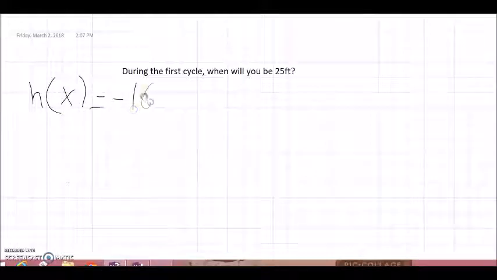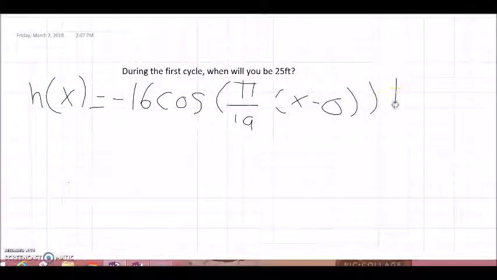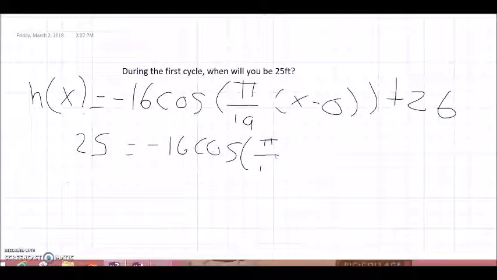During the first cycle, when will you be 25 feet? So our equation is h of x equals negative 16 cosine pi over 19 x minus 0 plus 26. So we put 25 equals negative 16 cosine pi over 19 x minus 0 plus 26.